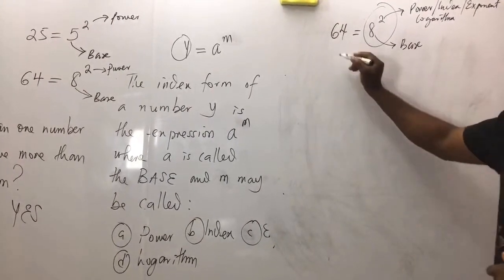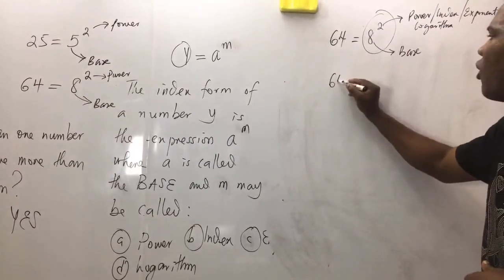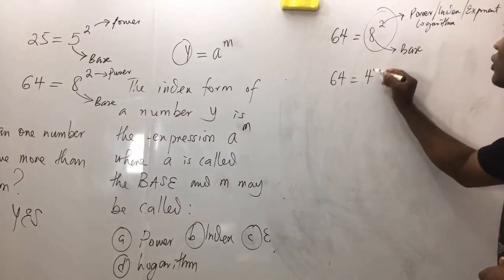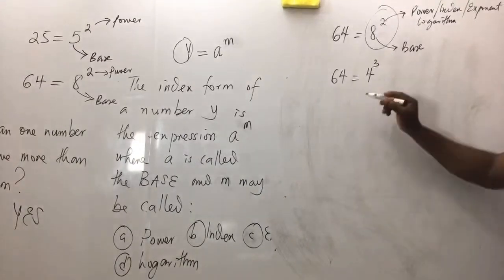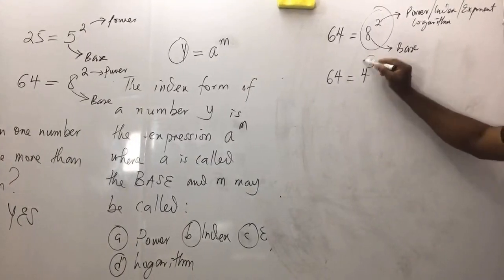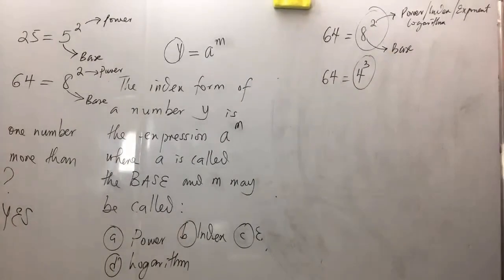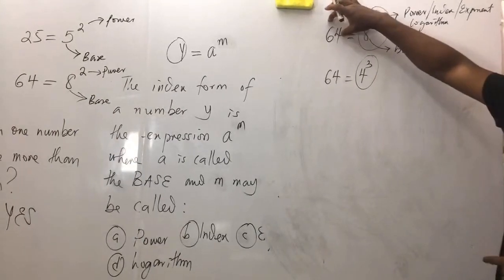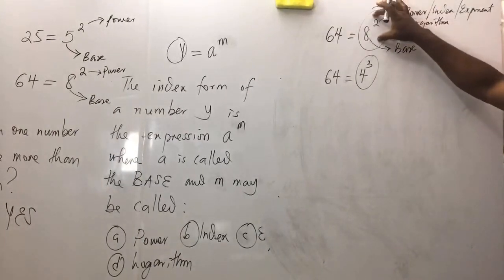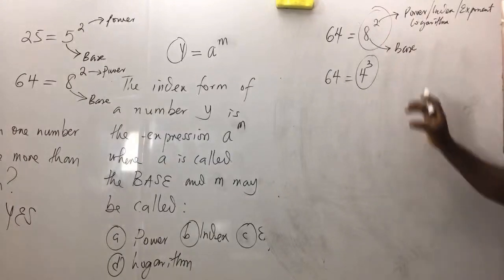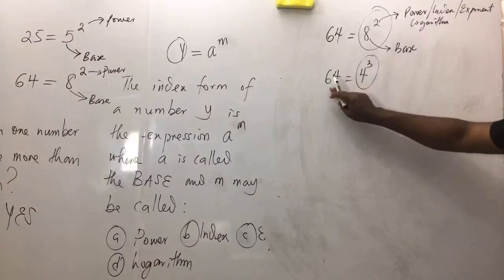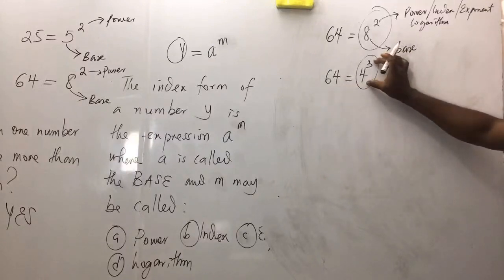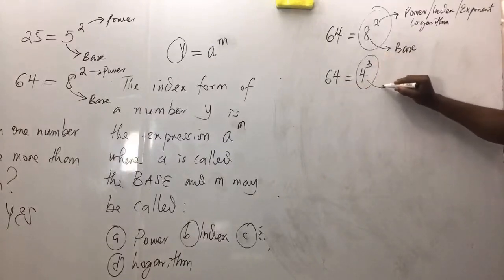Now, another way to write 64 may be 4 raised to the power of 3. 64 could also be expressed in index form as 4 raised to the power of 3. So this is one number, 64, having 8 raised to the power of 2 as its index form and 4 raised to the power of 3 as another index form. When 64 is expressed as 4 raised to the power of 3, what is the base, guys?